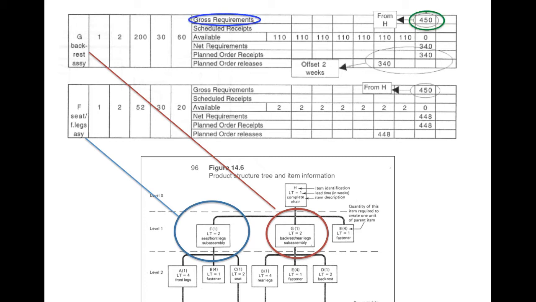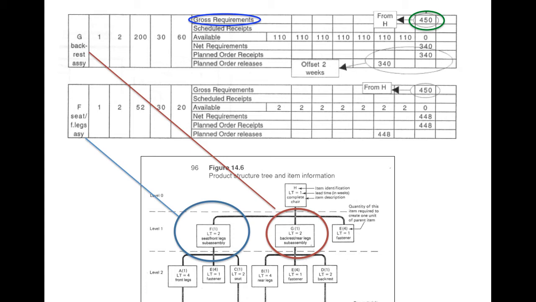So there's the demand for the 450 Gs, and we're going to call that a gross requirement. Same name of that data field as we had for the end item. Whatever the component is in the MRP system, the gross requirement is the total demand. It's worthwhile mentioning here, and I'll probably say it again, that this gross requirement is the total demand for this item. In our example, G is only going into this chair H, but that component G might go into another product.